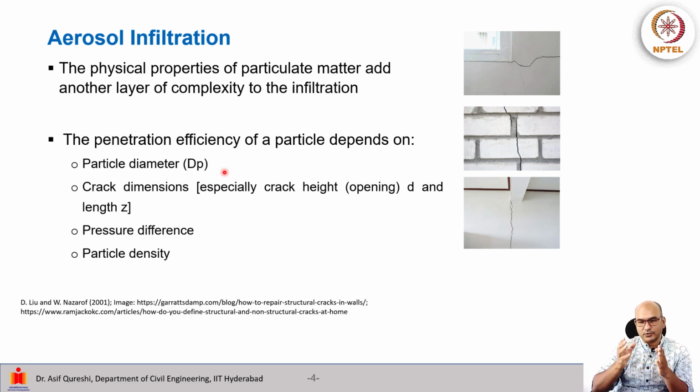So how much width opening is there and how much is the length of the crack. Then pressure differences between indoor and outdoor. If the pressure difference enables the transport of particles indoors, there will be more. And then the final thing is particle density. These physical properties of particles will determine the penetration efficiency of the particle until it reaches inside.